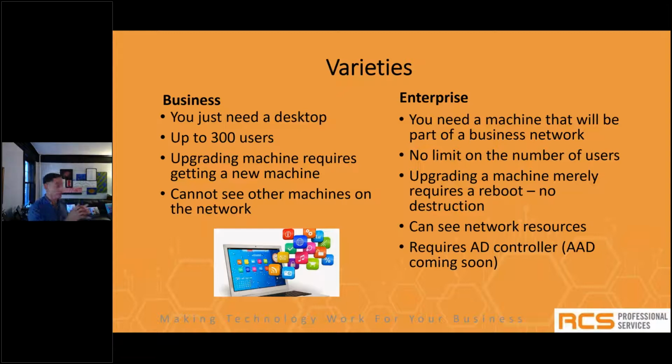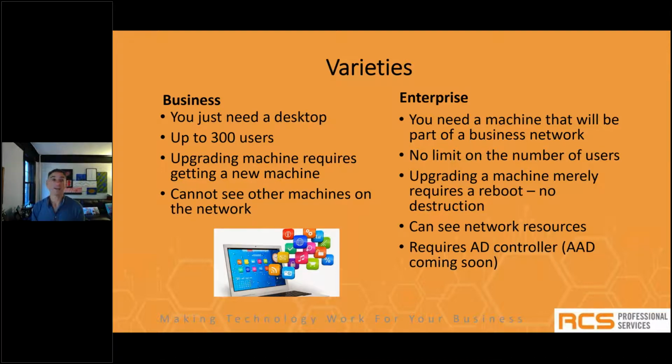So here I am, I've got an office, I've got servers in the closet, I've got all of these things working, and I just need another machine. Great, I want to use a cloud machine, but that machine is not in my office, it's in Microsoft's cloud. But with the enterprise one you can make that connection so that when you spin up that machine, it's seeing the stuff in your network, which is awesome.